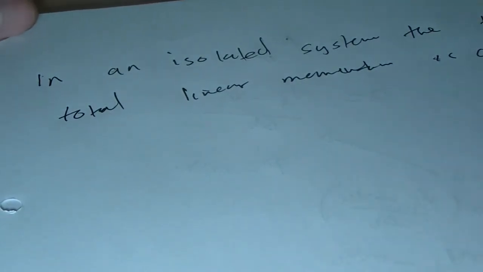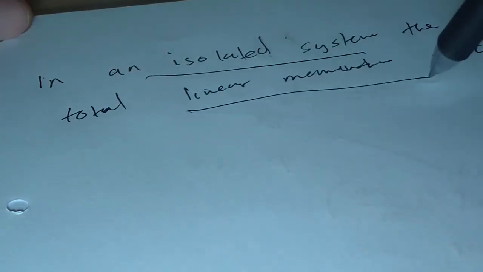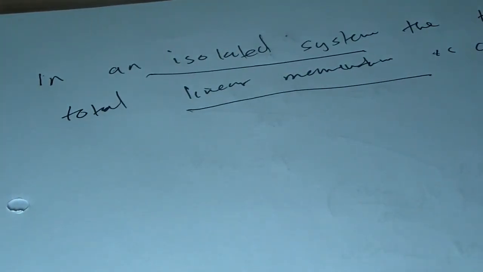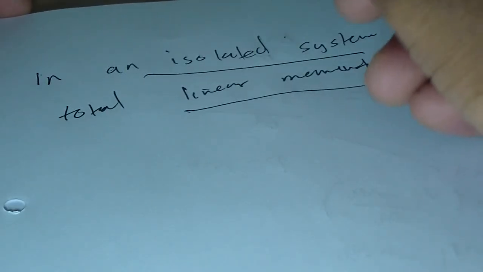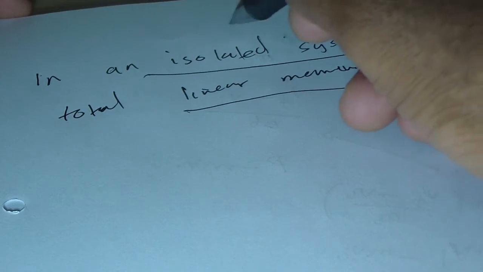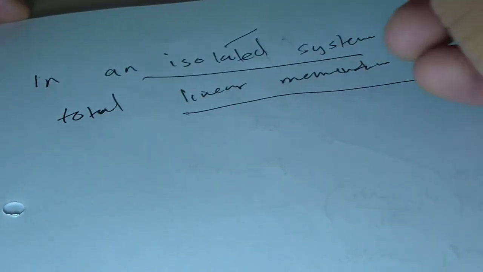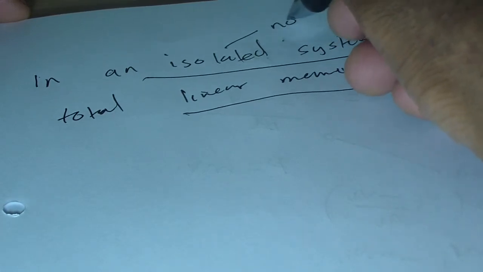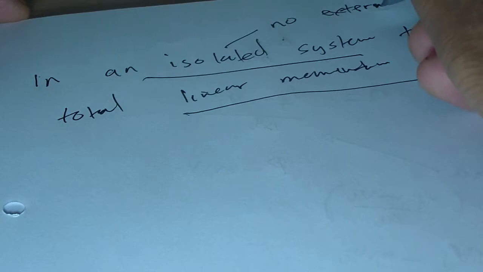What does that mean? Why do we have isolated system and linear momentum in the definition? By isolated system, we simply mean there's an absence of external forces. There's no other forces acting on the system. So isolated system simply means no external forces are acting on the object or on the system.